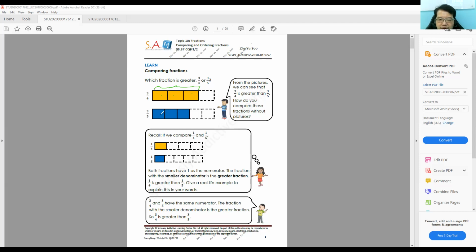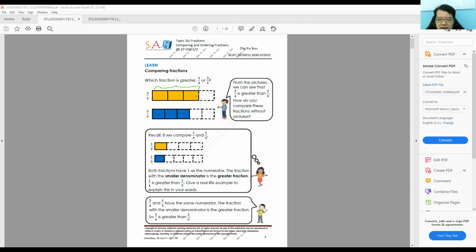Now, what about 3/5? 3/5 would be 3 out of 5 parts: 1, 2, 3. And in total, there are 5 parts: 1, 2, 3, 4, 5. So when you look at this figure, 3/5 and 3/4, which is greater? Pay attention to the colored parts because the colored part shows the fraction.